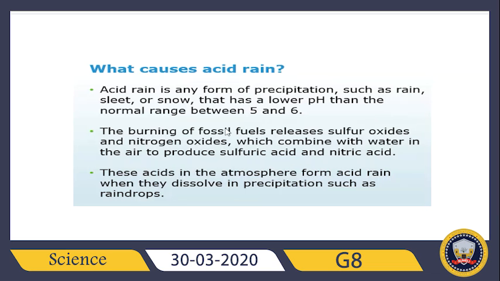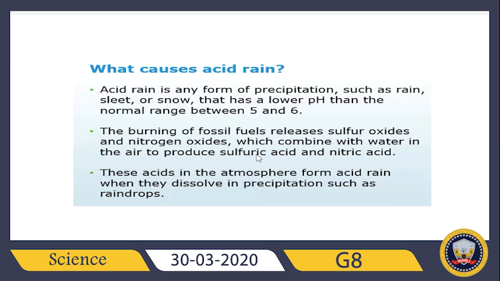The burning of fossil fuels releases harmful gases such as sulfur oxides and nitrogen oxides. These harmful gases will then combine with the water in the air to produce harmful acids such as sulfuric acid and nitric acid.